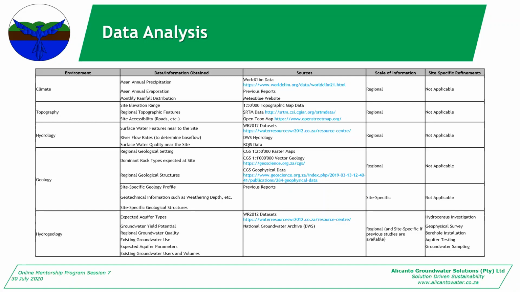Oh, okay. But I agree with you, on the DWS hydrology you'll see it has a tick box that says, I think, meteorological station, and you can search for that per catchment. Yes, it is.